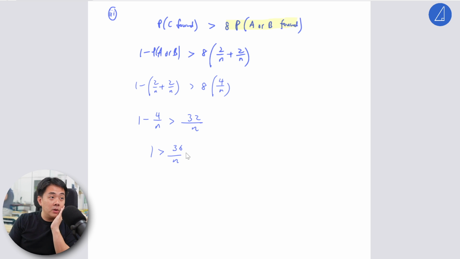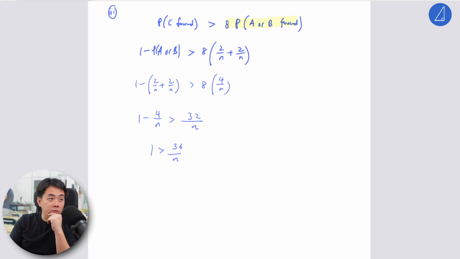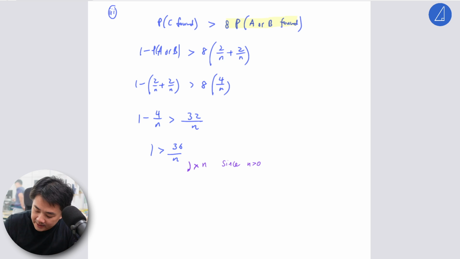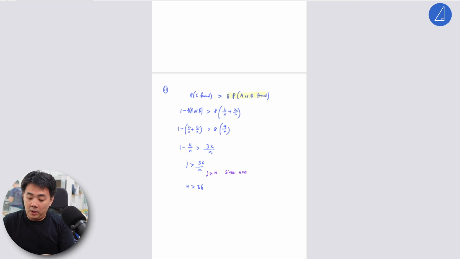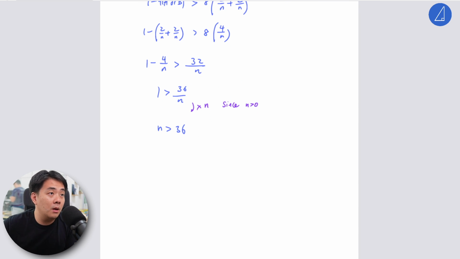Because n is a positive number, you can multiply both sides by n. Oh, this is a good 3 marks. This guy is n, 36. Because you cannot include 36.